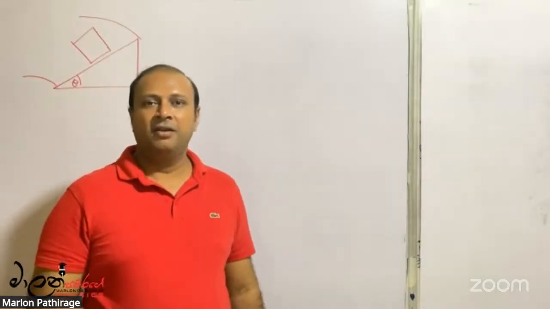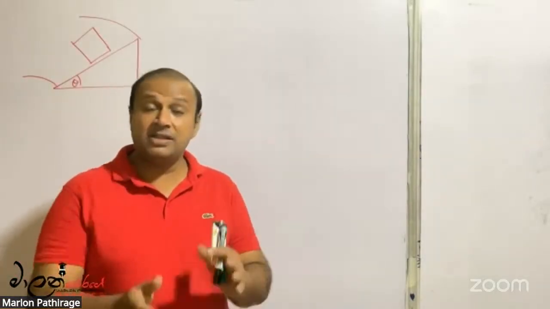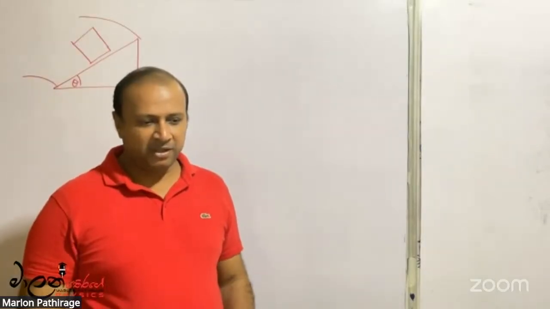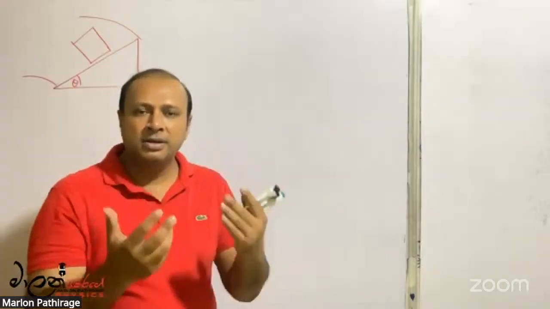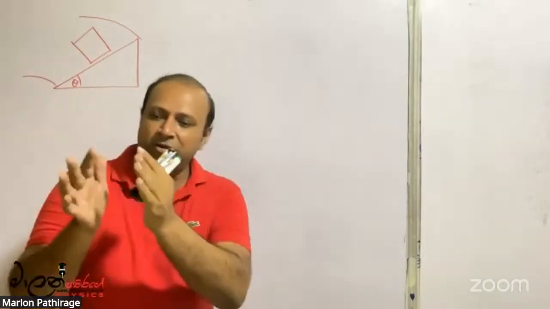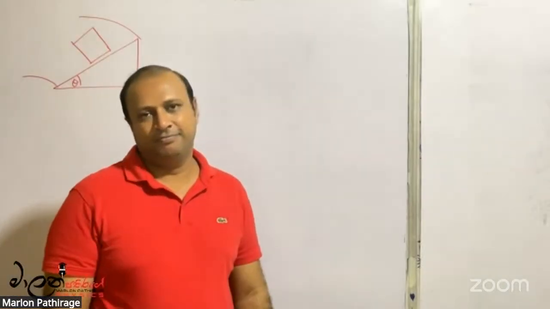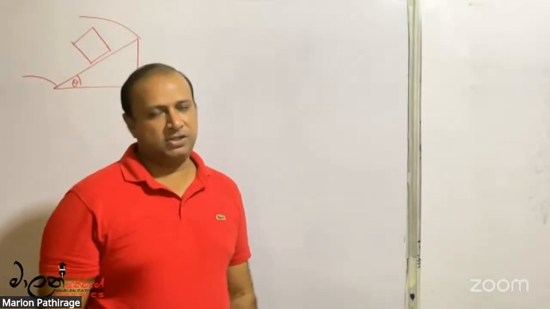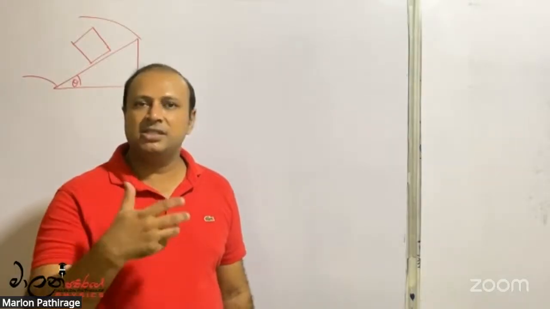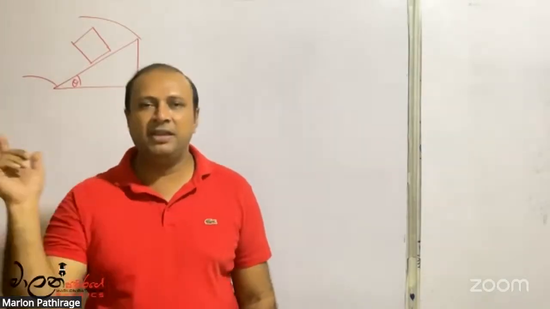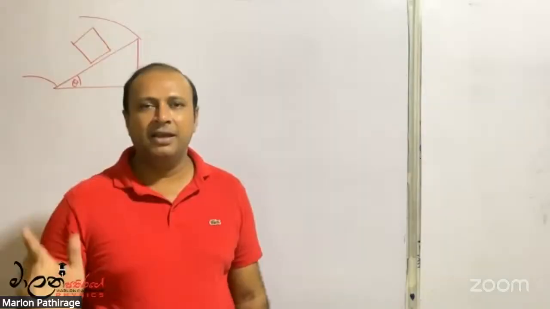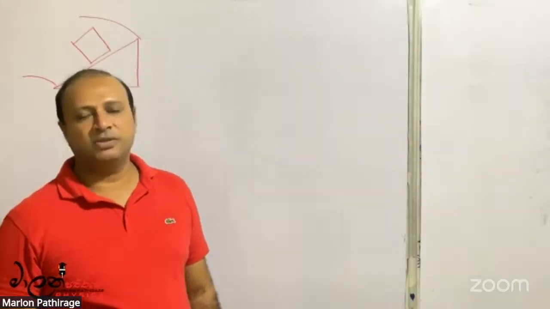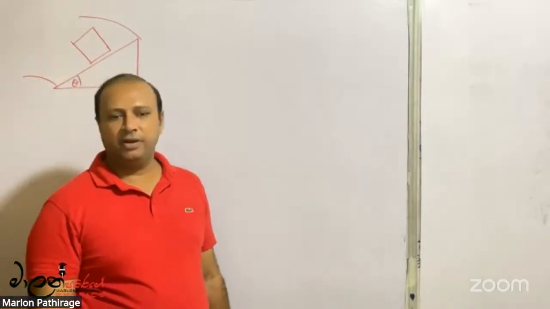What is the requirement for sliding down? Most of the time that is because of lack of velocity. If the velocity is not sufficient to complete the full circle, it can slide down in the downward direction.